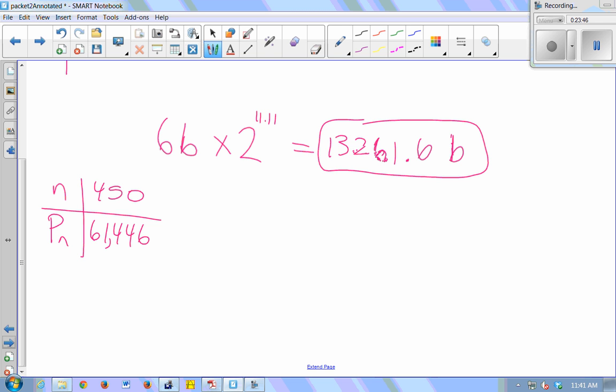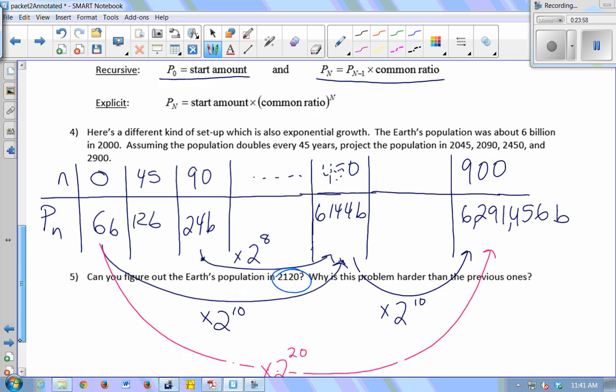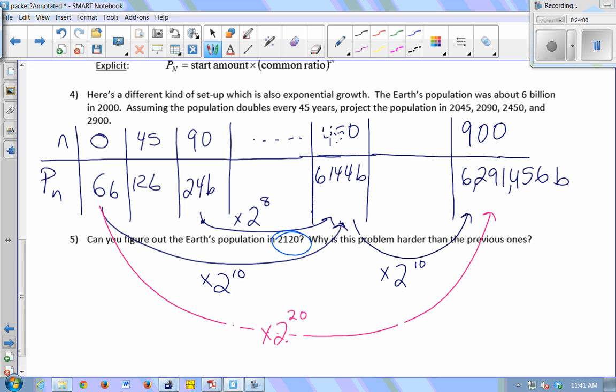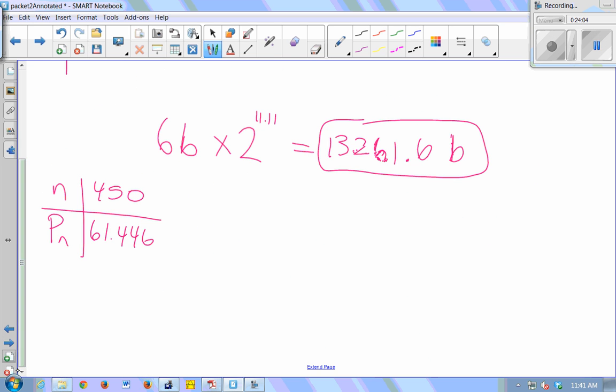That can't be right. Let me double check it. Oh, billion. 6.144 billion. That is not a 6, it's a billion.